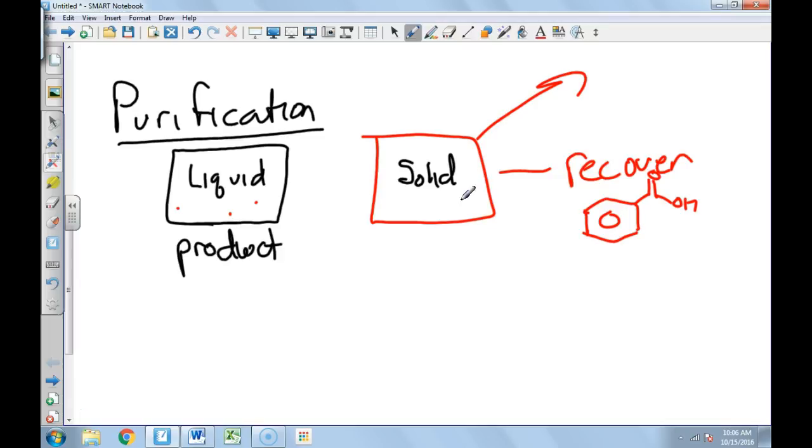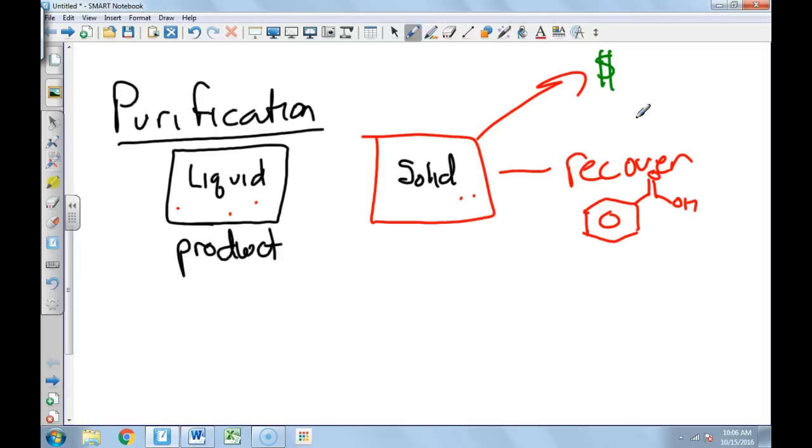But there's a couple of reasons why we practice recovering the solids in the lab, or recovering the unreacted starting material. For real life, maybe benzoic acid is really, really expensive and we don't want to waste any.